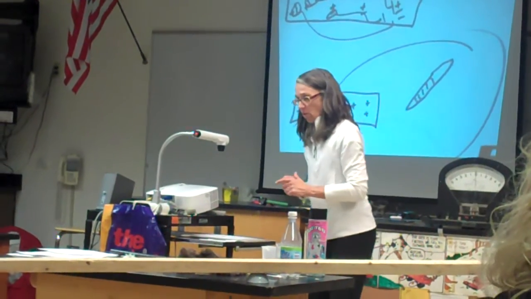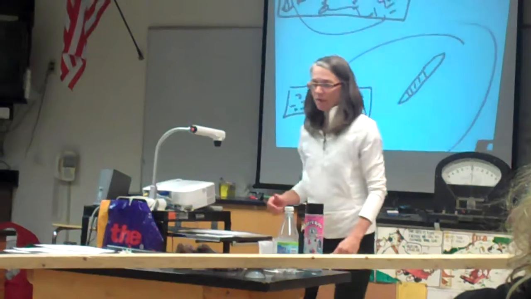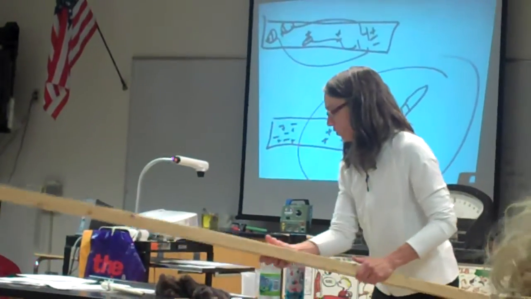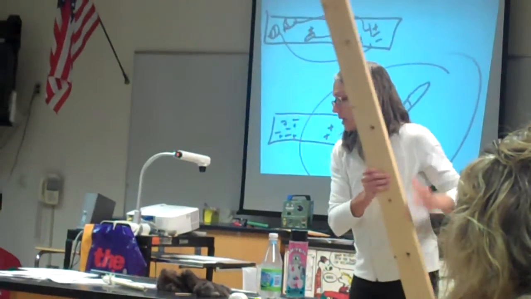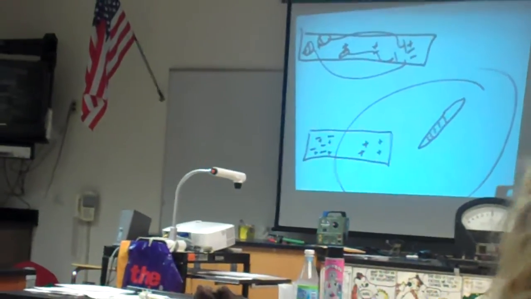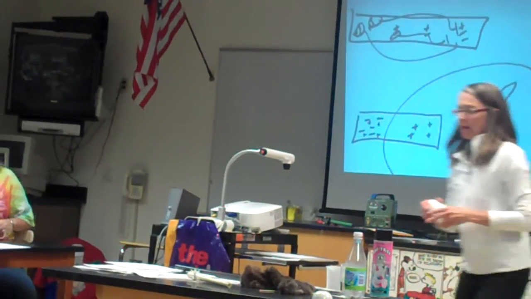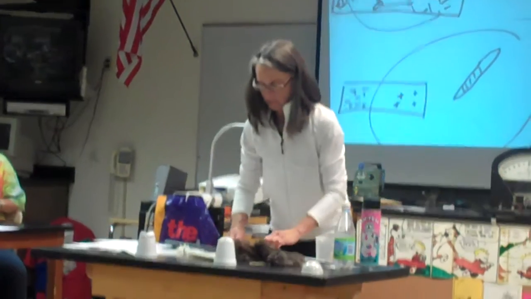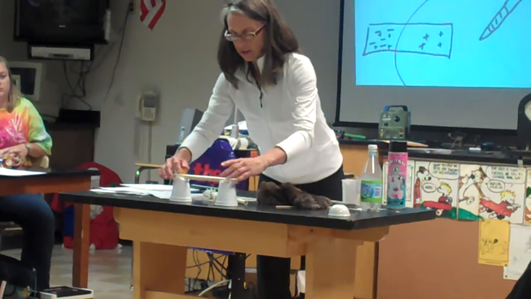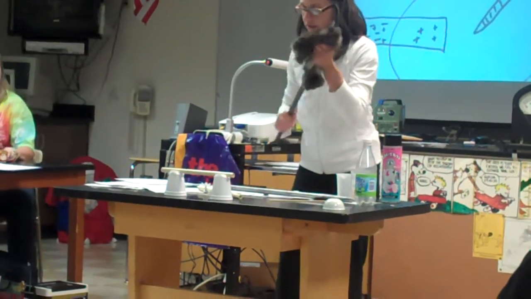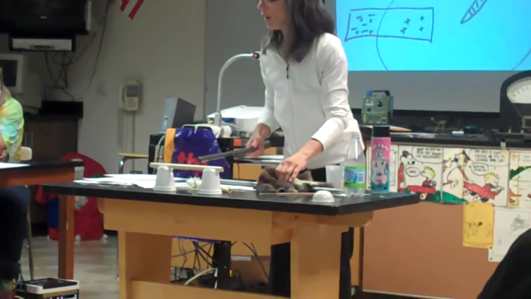Now, there's some other really interesting things about moving charge around, and I tried it this morning, and I can't show it. Normally, I would take 2 styrofoam cups and something like this, an unrubbed rod, and treat it in just one area.